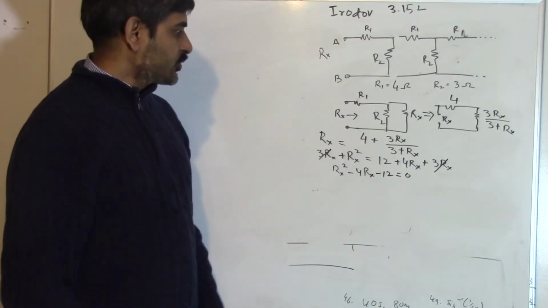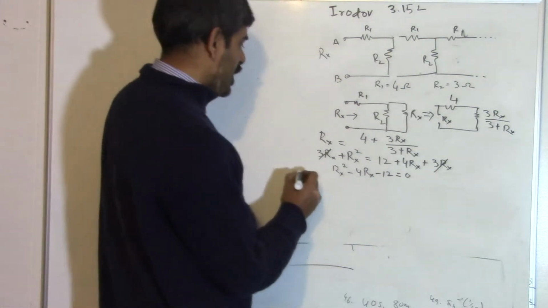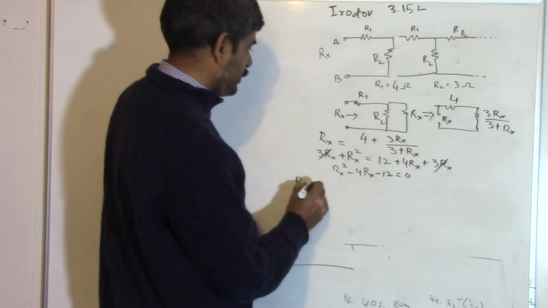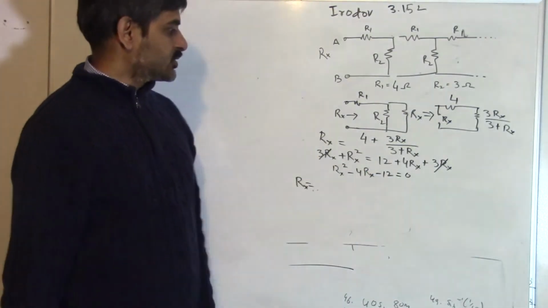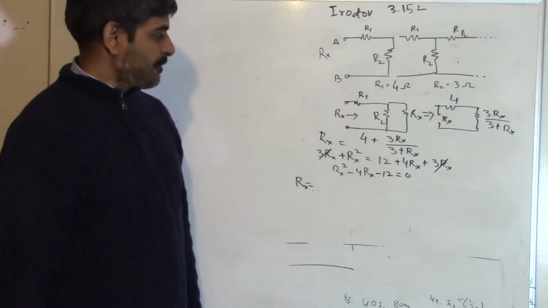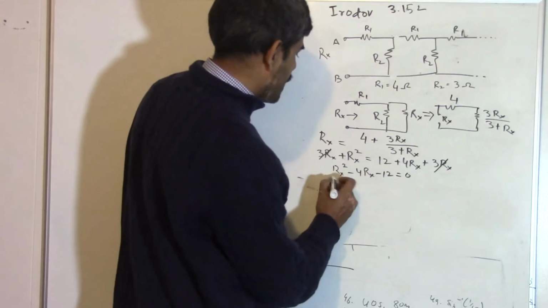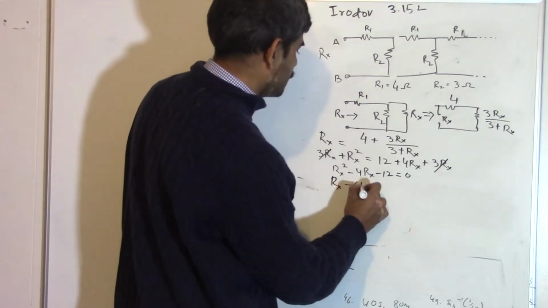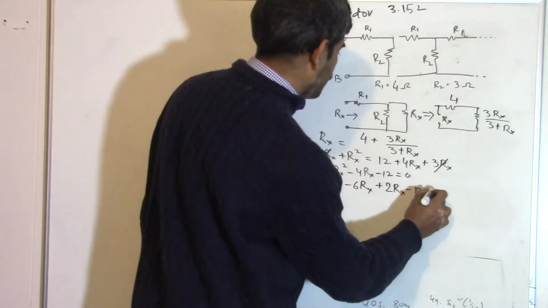We need to express 4 as two numbers, or we can just solve for Rx. You can find two numbers whose multiplication is 12, it becomes easy. For example, 6 and 2. So let's write it as Rx square minus 6Rx plus 2Rx minus 12 is equal to 0.